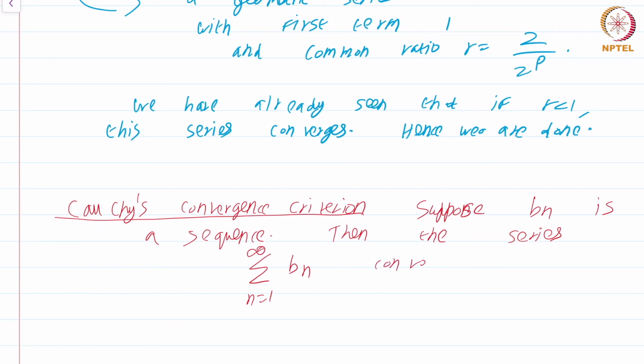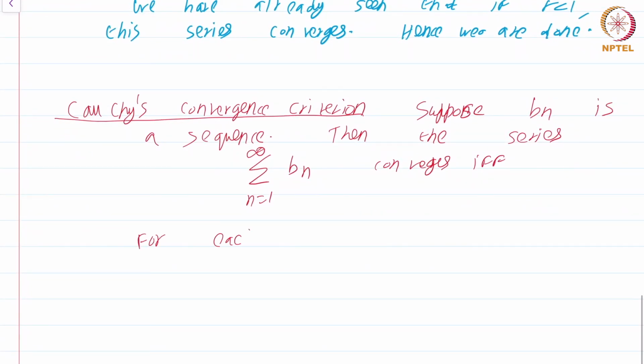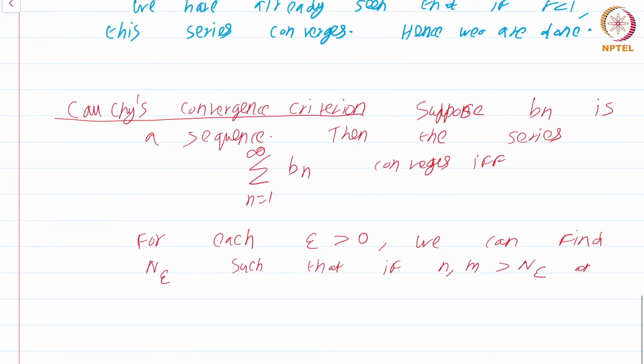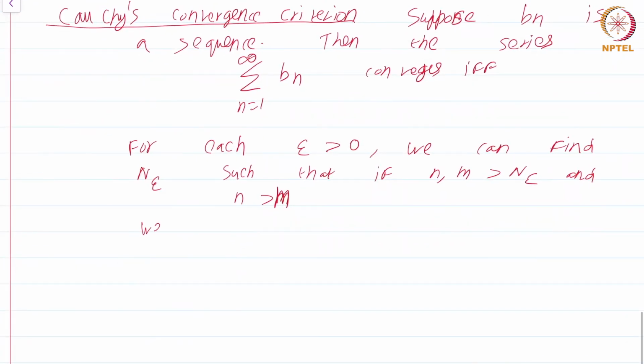converges if and only if for each epsilon greater than 0 we can find capital N epsilon such that if n, m greater than capital N epsilon and n greater than m, we have the modulus of the sum, or I should not use n, I will use j simply because there will be repetition, j running from m to n of Bn.